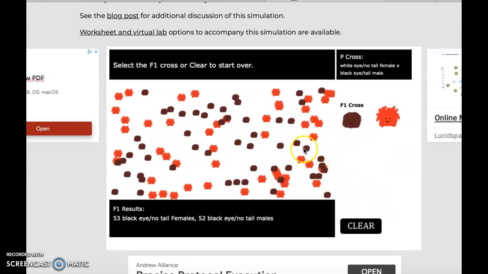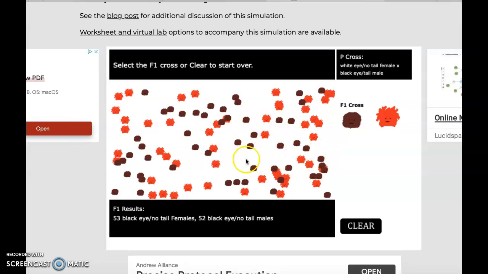All right, so this is the F1. In the F1, we see that 53 have black eyes in terms of the females, and 52 have black eyes in terms of the males, which means that since one parent was white eye and one parent was black eye, if all of the offspring have black eyes, then black eyes is dominant.